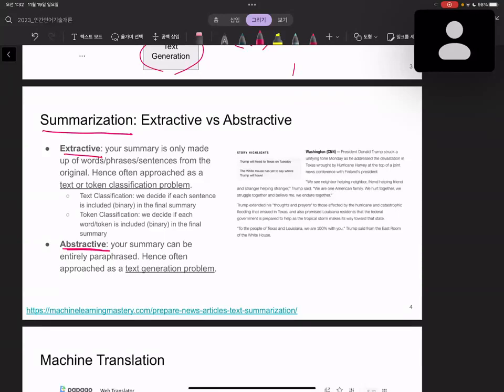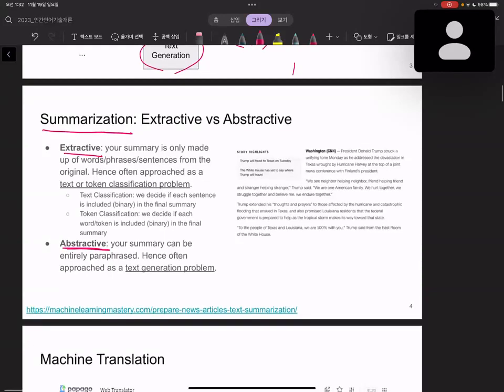One is extractive, and the other one is abstractive. In the extractive approach, your summary is only made up of words, phrases, and sentences from the original. So we do not generate any new sentence in the extractive approach.